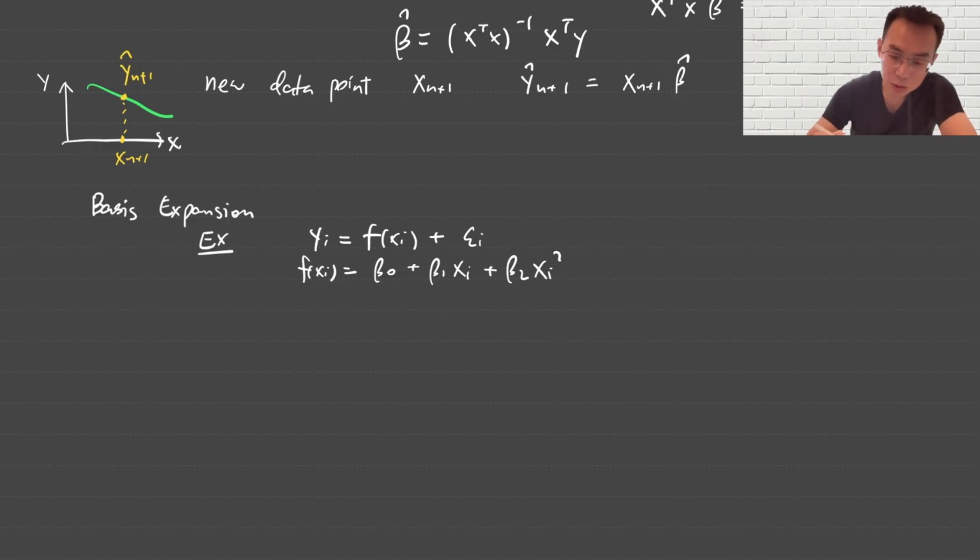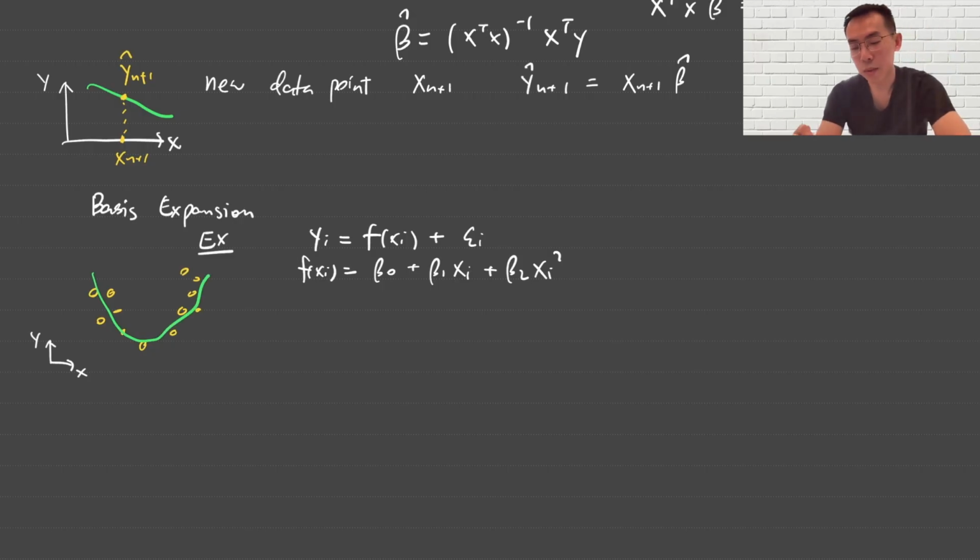If we just want to plot it, it's going to be something like this. And the best fitted curve between x and y is going to be quadratic, right? It's going to be this curve. But let's say the only thing we don't know for this problem is the coefficients. So we want to find beta 0, beta 1, beta 2.